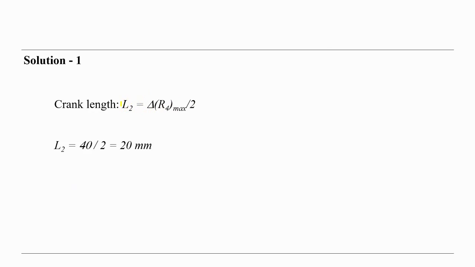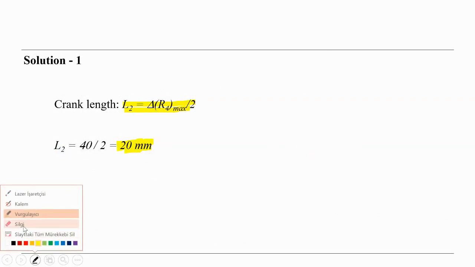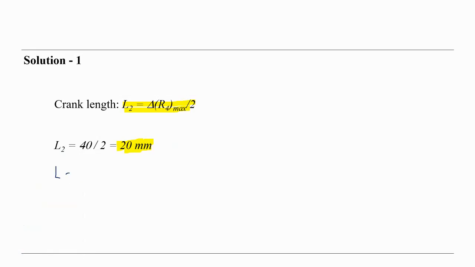We calculate the crank length as half of the stroke, let's say 20 millimeters, and then L3 can be calculated depending on the place we have. We can say L3 is at least 4 times L2, and if we don't have place, we can reduce.